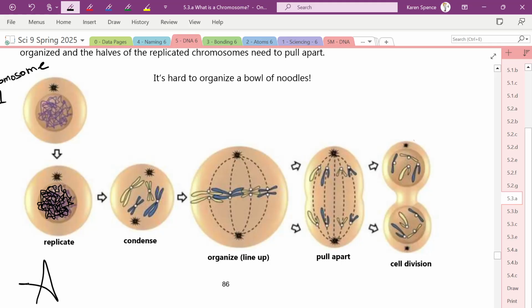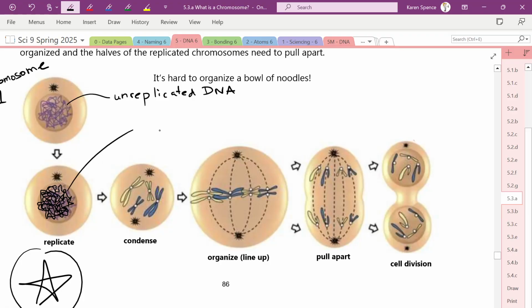Okay, so this structure, we have our unreplicated DNA, then we have our replicated DNA, and then we have our condensed chromosomes.